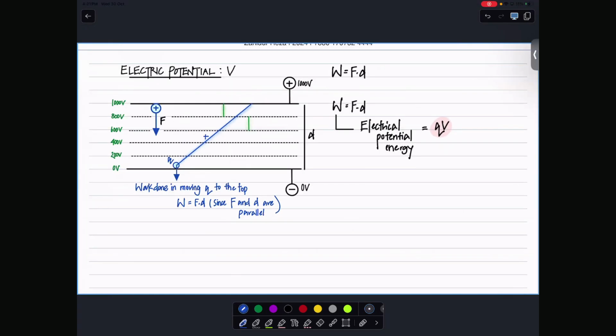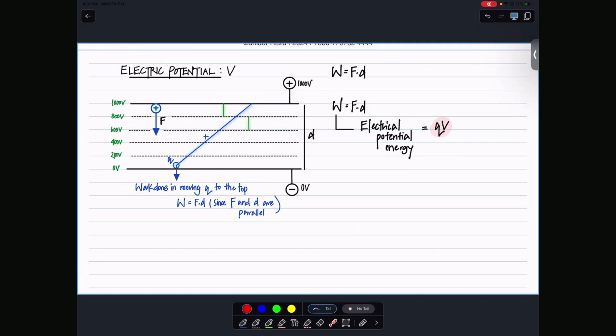Is it clear so far? A idea this is F into D, yes. So if your object goes from here to here, you are fighting against a force that's that much. This is the force, right? And work is only done when your force and distance are what to each other? Parallel, right? Because the definition of work is the energy transferred when a force is applied parallel to the displacement.